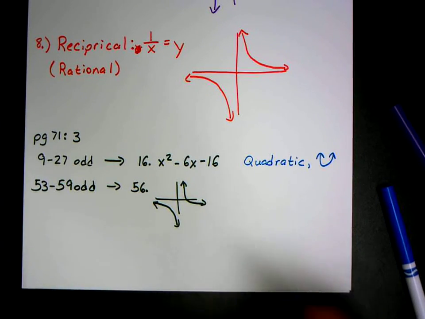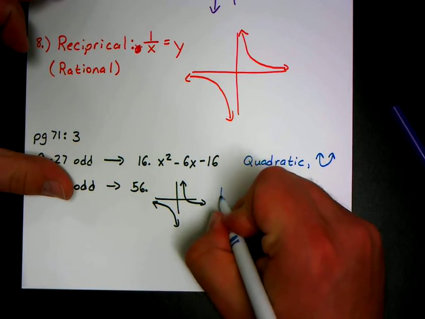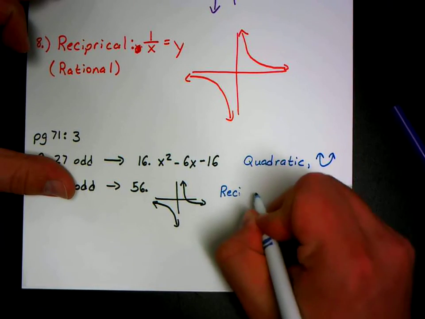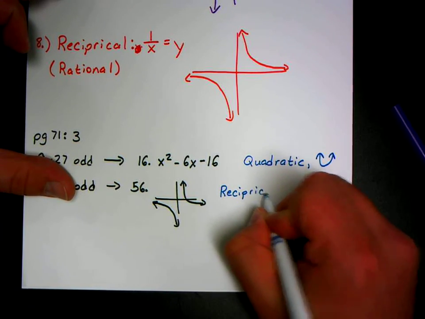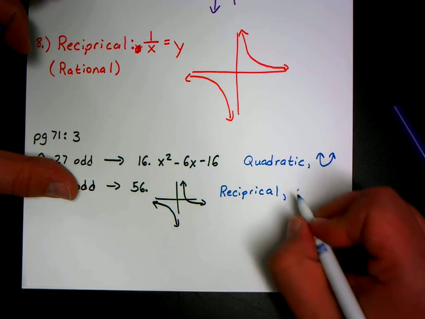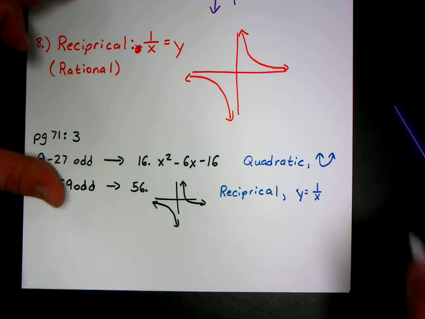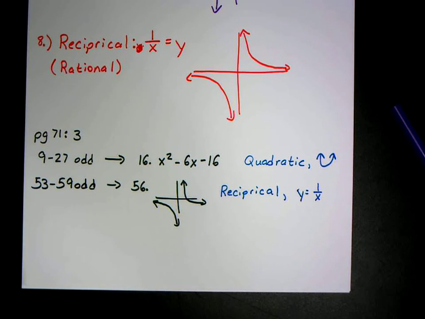What I want you to do is tell me that that is a reciprocal function. So the function looks something like y equals 1 over x. So all we're doing is identifying what they are.